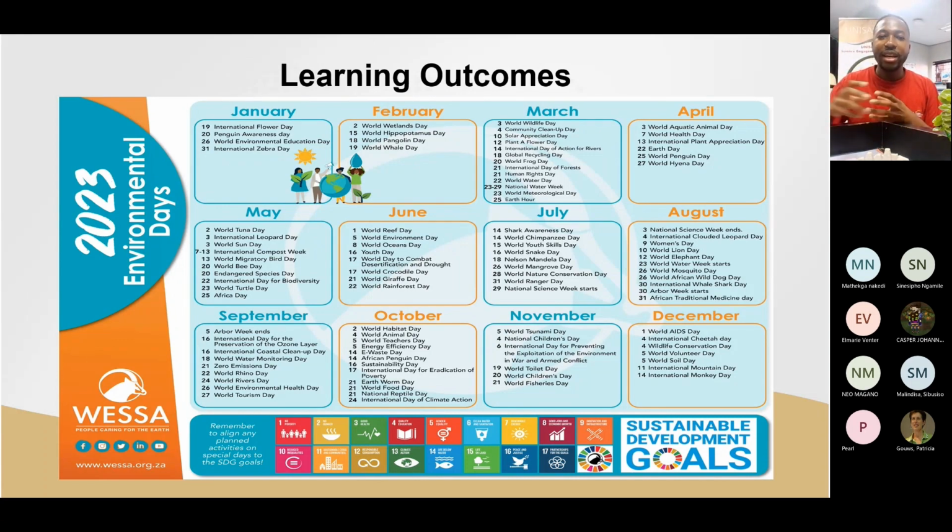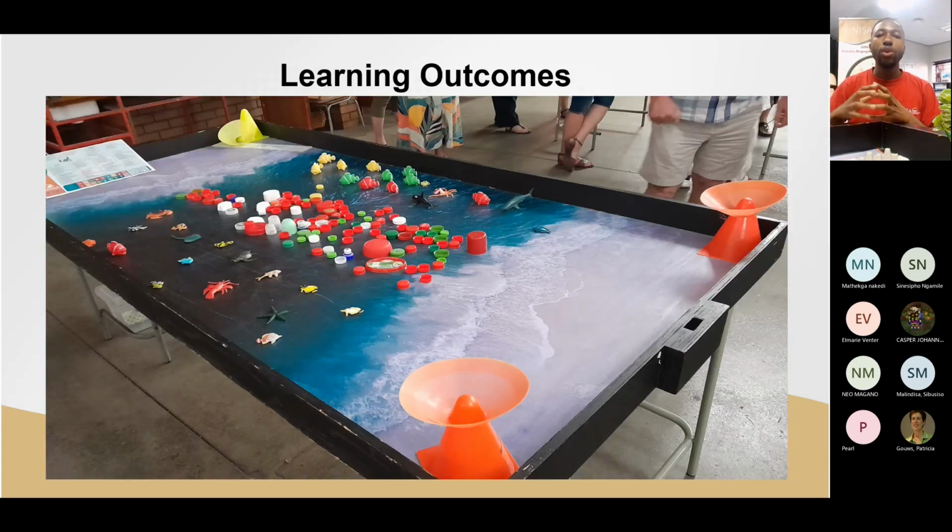All right. And then with us here at the UNISA Science Engagement Center, last year in June, we covered mostly all the days that are within the environmental calendar. We covered mostly World Oceans Day, where we highlight the importance of the ocean.